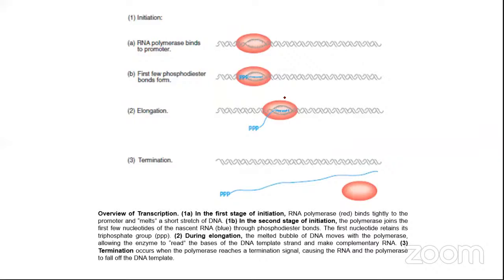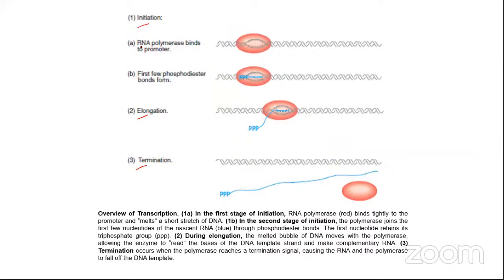This is just a general way of looking at transcription. You can divide the entire transcription reaction into three phases. First is the initiation phase. Next is the elongation phase, and the last is the termination phase.